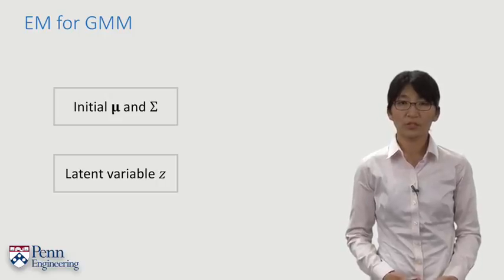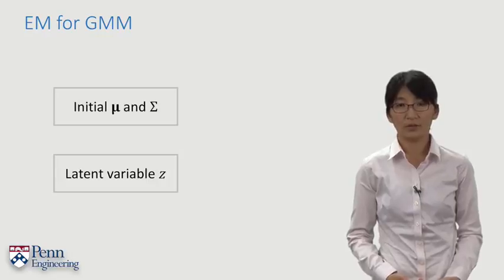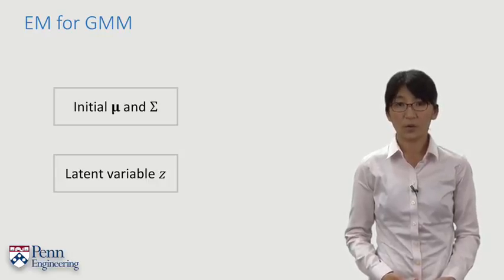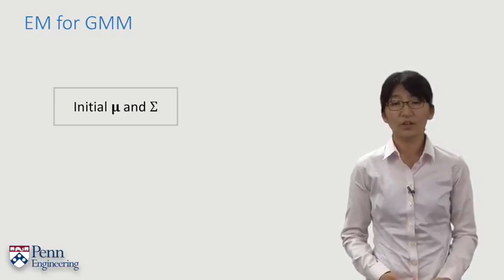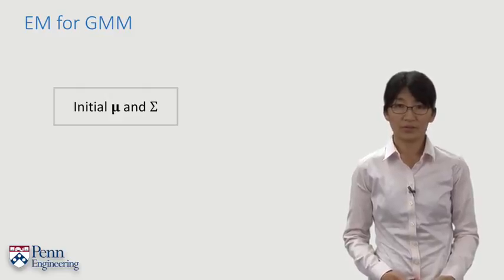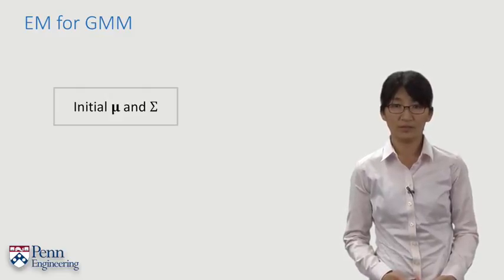We need two additional things: an initial guess of mu and sigma, and a new variable z that we are going to call a latent variable. It might sound strange that we need a guess of the parameters which we want to estimate.